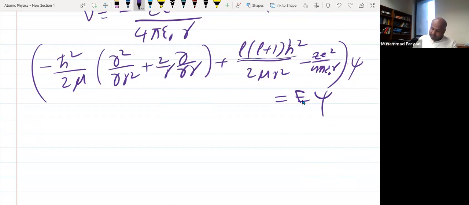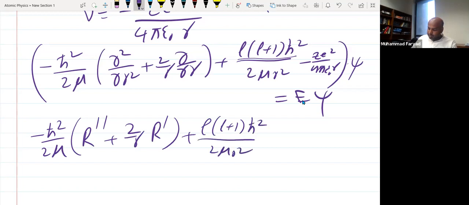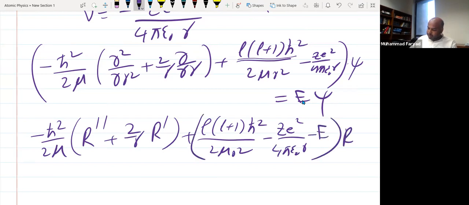So this will reduce to only an equation in capital R. So this double derivative of R, let me write it R double prime, plus 2 over r R prime, plus L into L plus 1 over 2μ r², minus Ze² over 4π ε₀ r, and let's bring this E to the left side, minus E, into capital R is equal to 0.